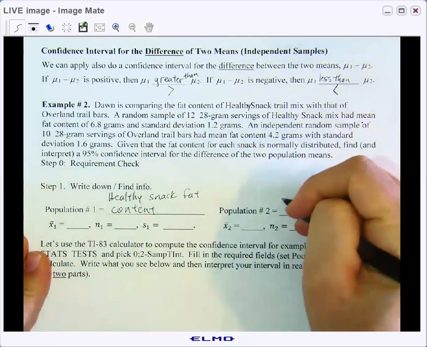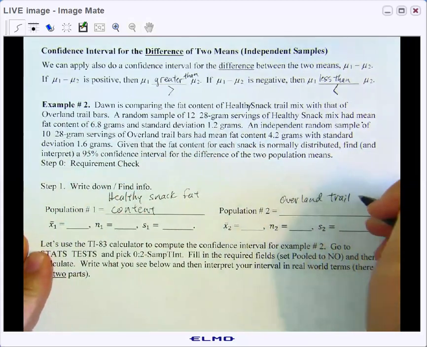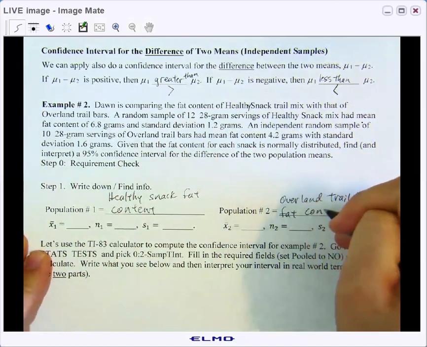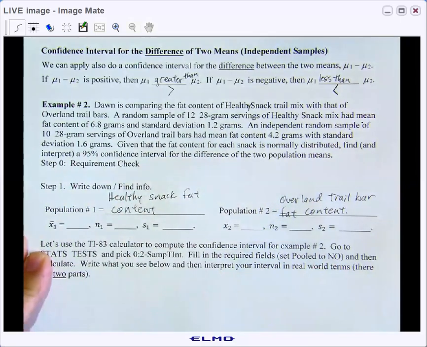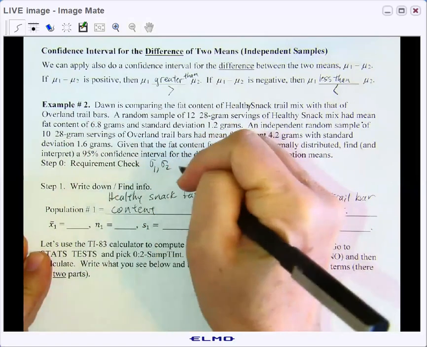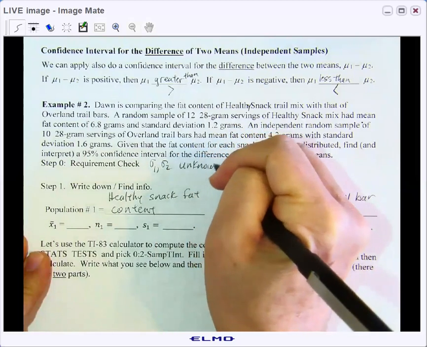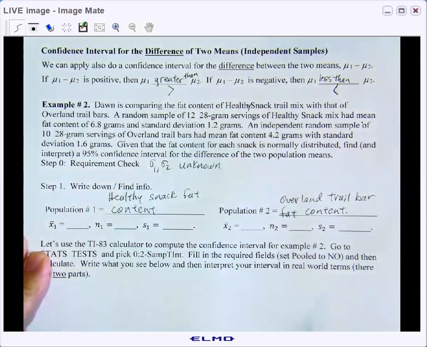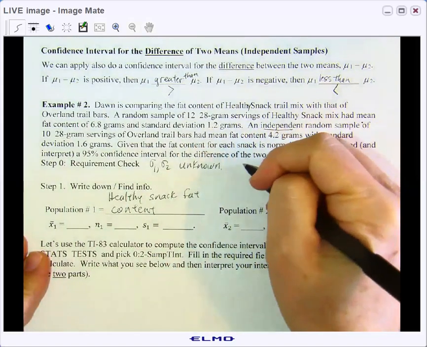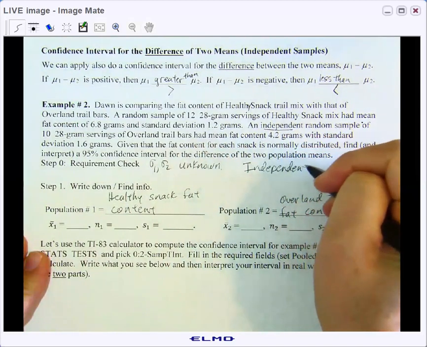So we don't know anything about the population standard deviations, so we're going to write sigma 1, sigma 2 are unknown. Did we have independent samples? The problem tells us yes, they were. There was no relationship between the data values in one sample and the other.